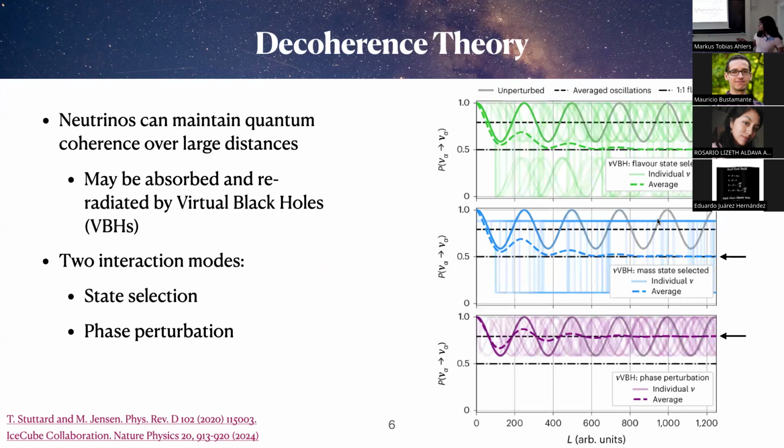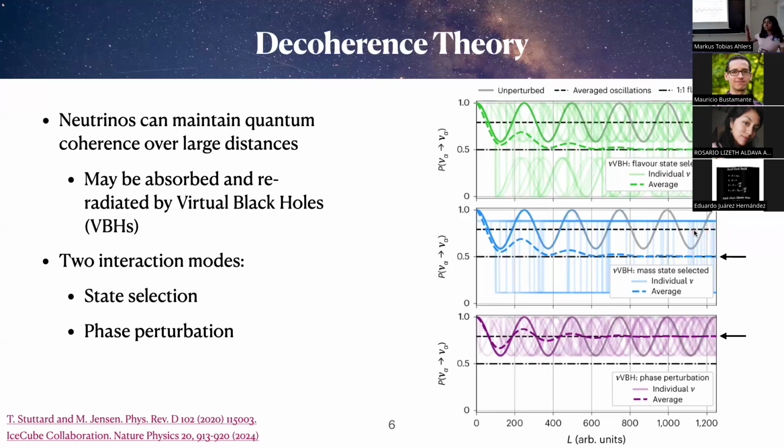And you can see the effects of these two modes in this figure as well, where we can focus on this solid oscillatory line, which shows the unperturbed oscillation in a long distance. And we can compare that to the average oscillation behavior due to these different interaction modes. So the top two are state selection, where we see it reaches this 50% probability in a long baseline.